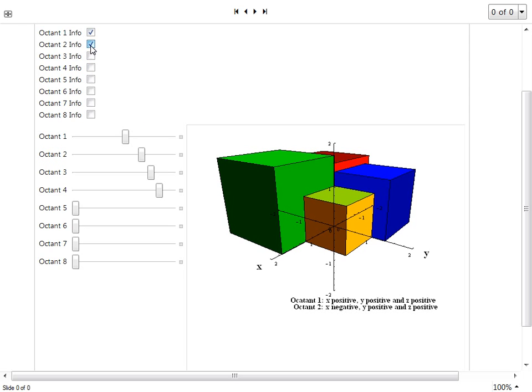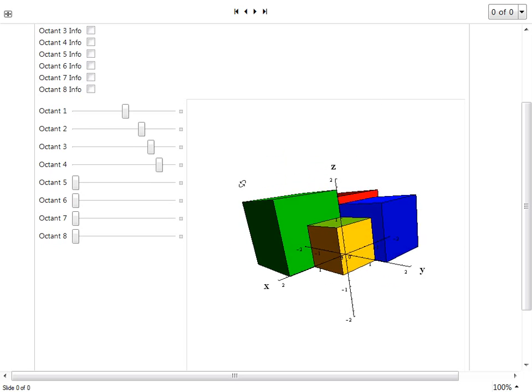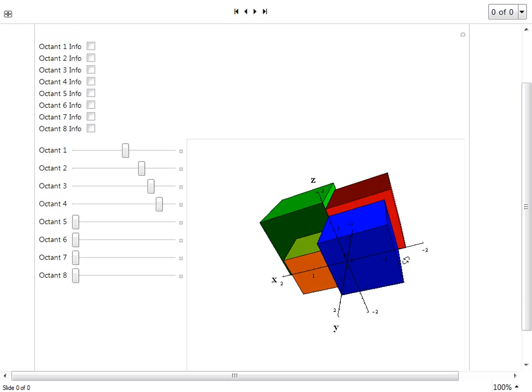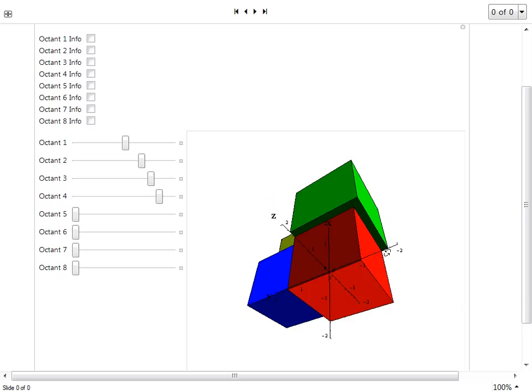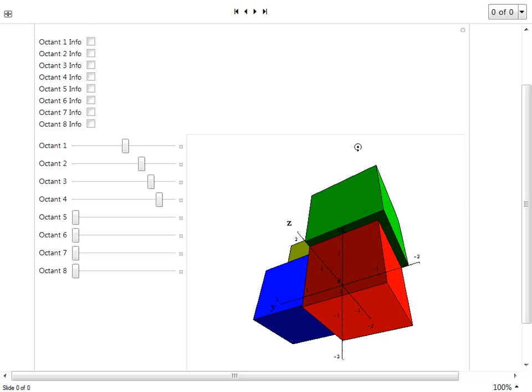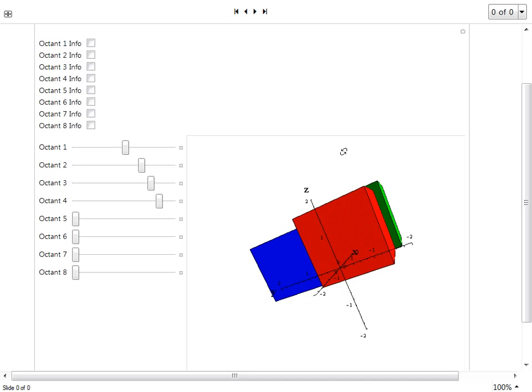Let me take some of this stuff off. You want me to rotate it? How do you want to see it? Like that? Sorry, it's twisting. If it twists, you have to come up here and there's a different cursor, see, my cursor changed. There we go.